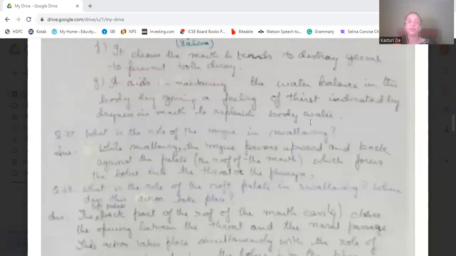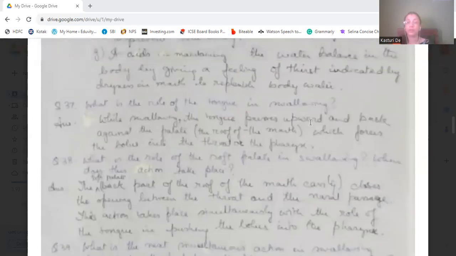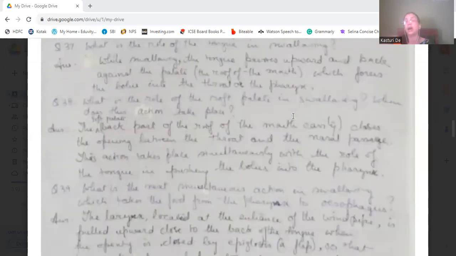Now, what is the role of the tongue in swallowing? While swallowing, the tongue presses upward towards the palate and back against the palate.